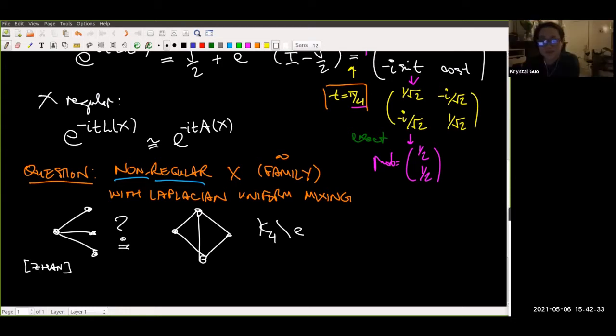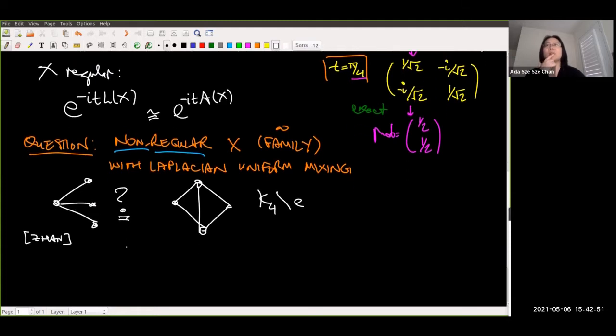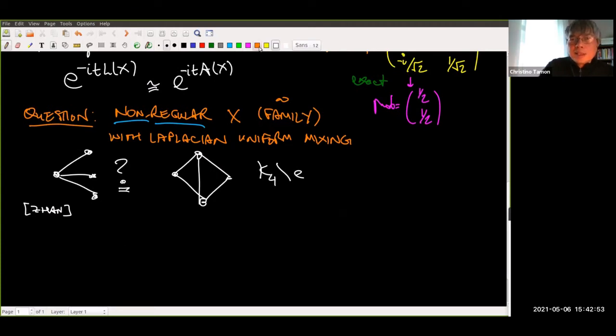Because they have the same eigenspaces. They have the same idempotents. I think there's a restriction on the size because there's a J matrix. That may be causing it.